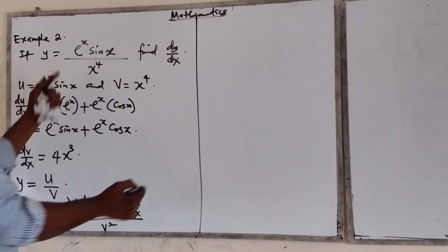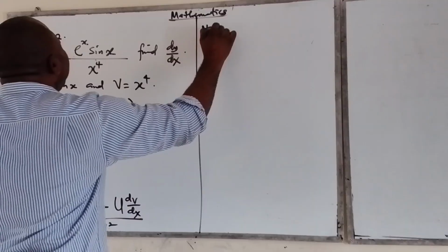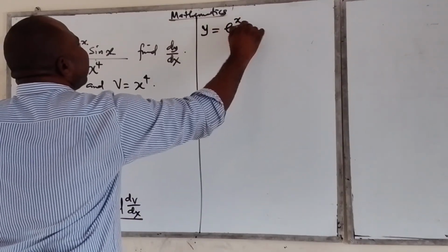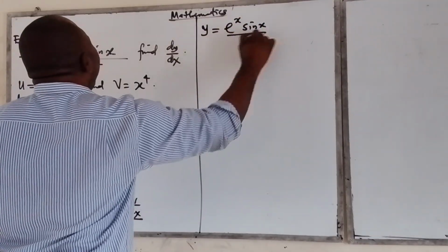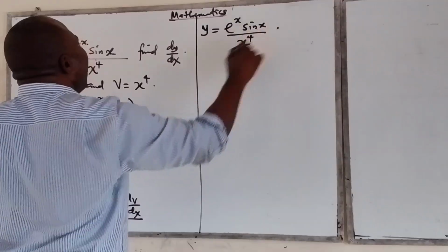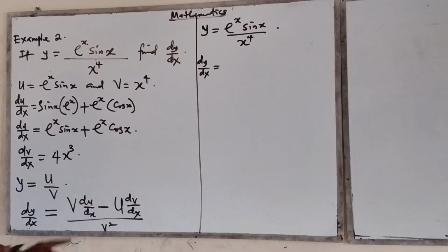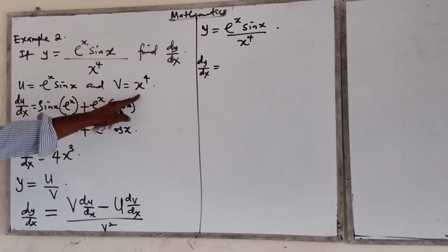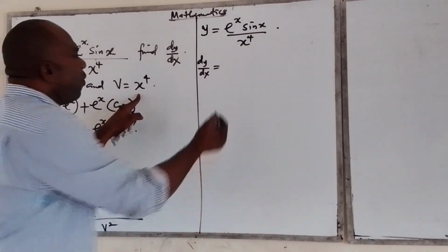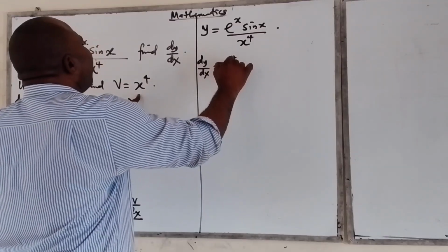So in this very question, where y is equal to e raised to the power of x sine x all over x raised to the power of 4, dy over dx will be equal to, you pick the value of v, which is x raised to the power of 4.